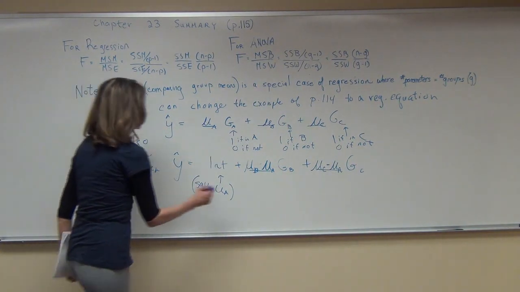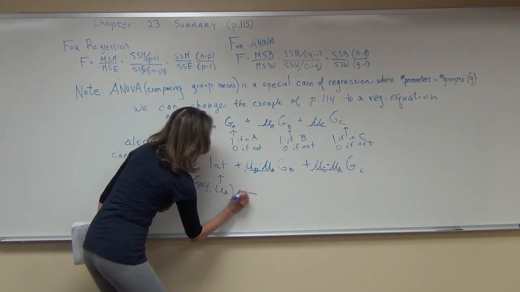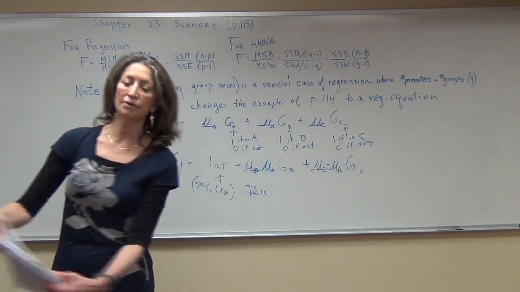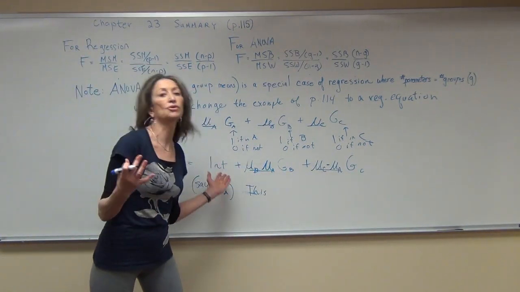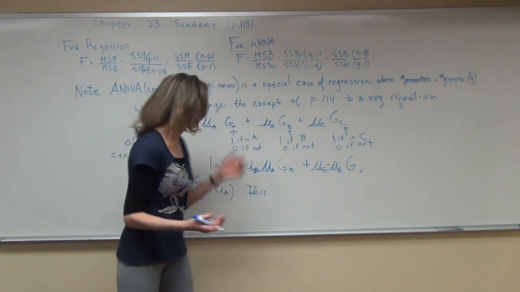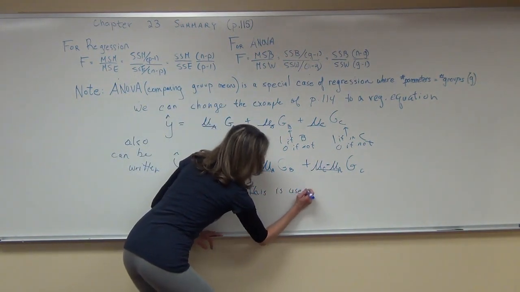Okay? So why is this form useful to do? This form is useful if you're interested in comparing these 2 groups to a third one. If you're interested in saying, how do the 2 groups differ from the other one? They're essentially the same thing.